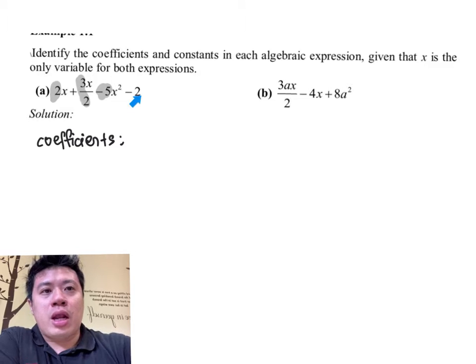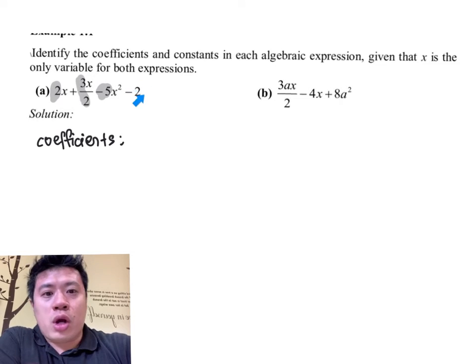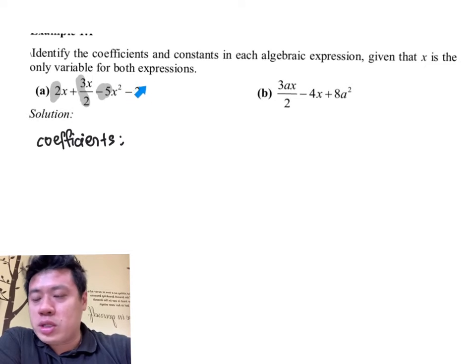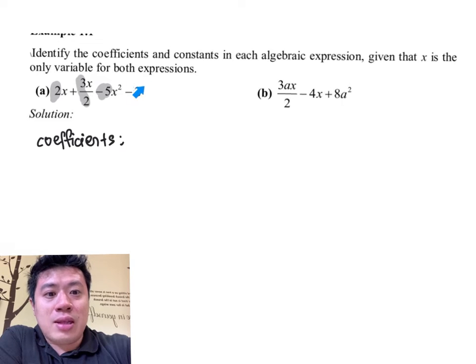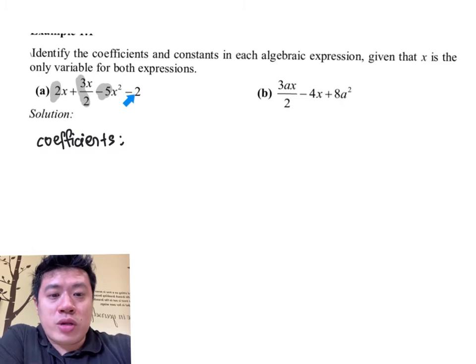Okay, and negative 2 here, this is what we call the constant. Now the constant is the term that does not have any variable attached to it, multiplied to it. So this is a term that remains constant. It does not change regardless of the value of x.